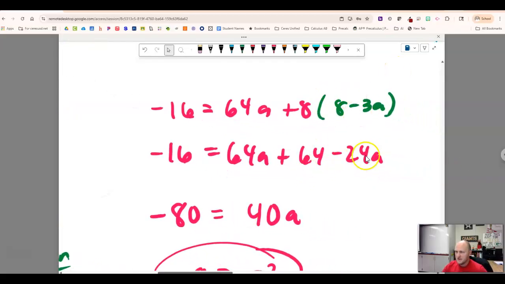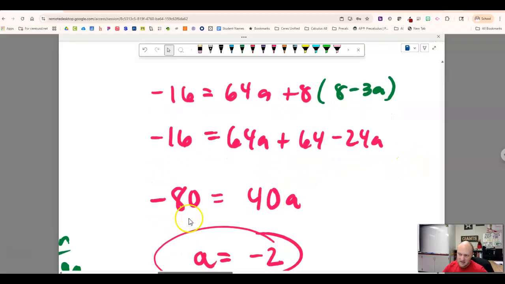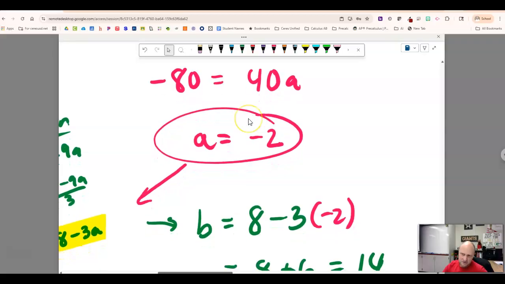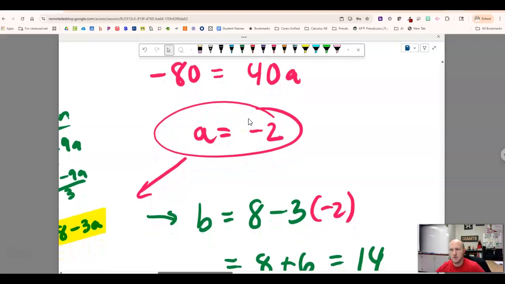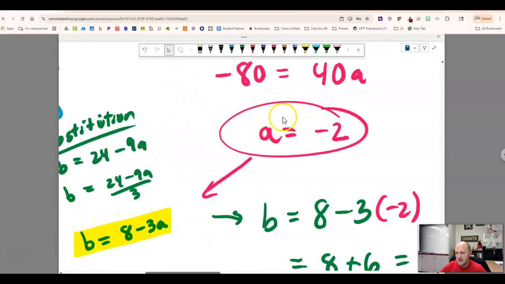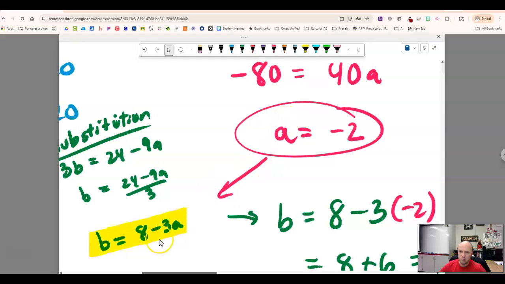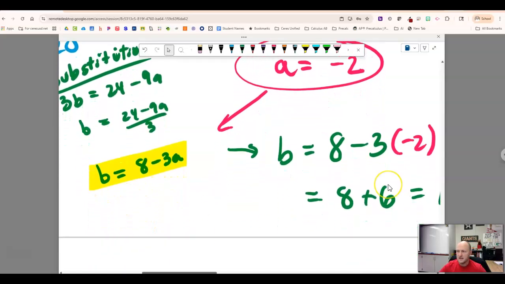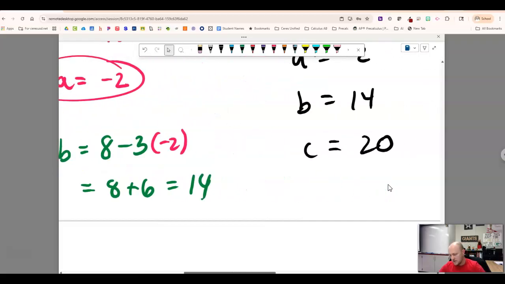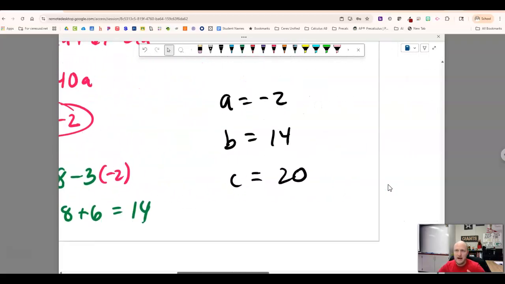And in doing that, I end up getting the equation after I combine my a's. I get 40a. And then I subtract the 64, I get negative 80. And then I divide by 40 to get negative 2. So a is negative 2. And we're almost home free. Now that I have a, I plug that back into that equation for b, and we find that b is equal to 14. So here's your conclusion that you should have come out of this with.